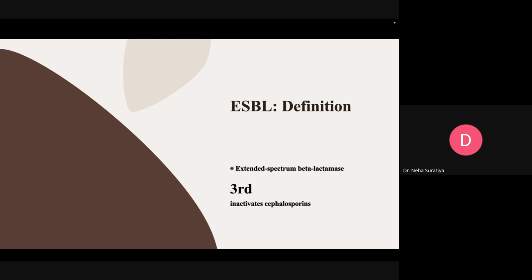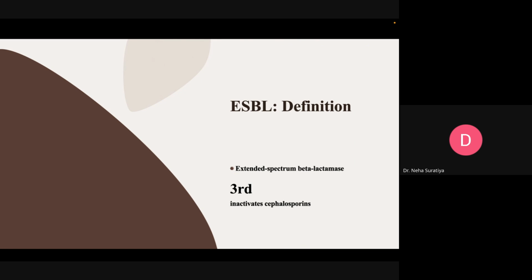Now, this is a very important term, guys. When we are discussing resistance, extended spectrum beta lactamase is very, very important. What exactly is it, let's understand. ESBLs are enzymes. The word "ase" in beta lactamase gives you the idea that this is an enzyme.